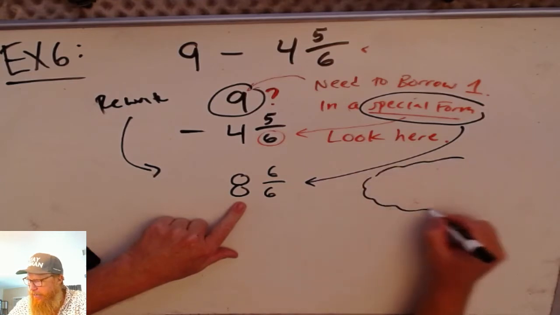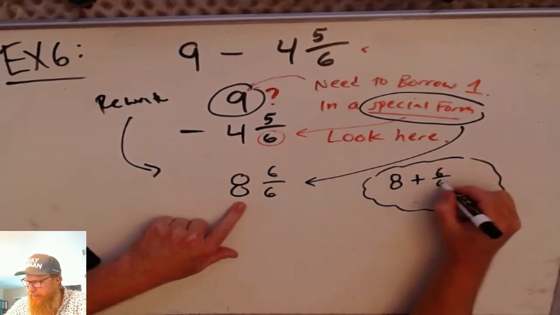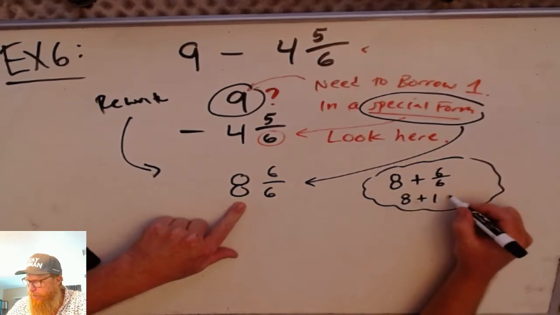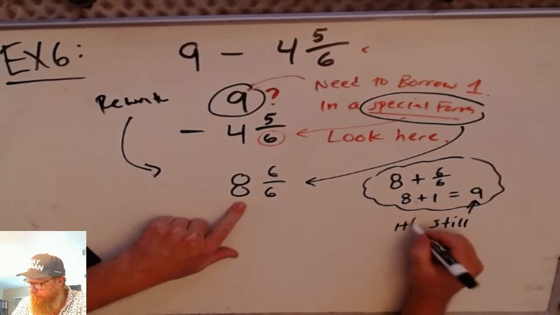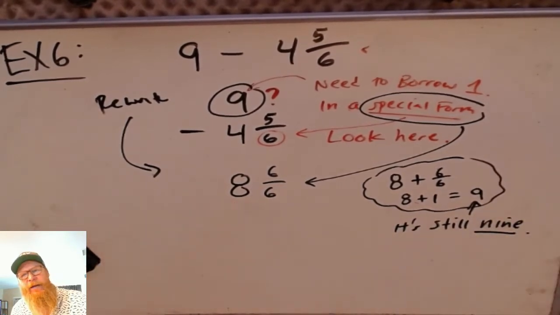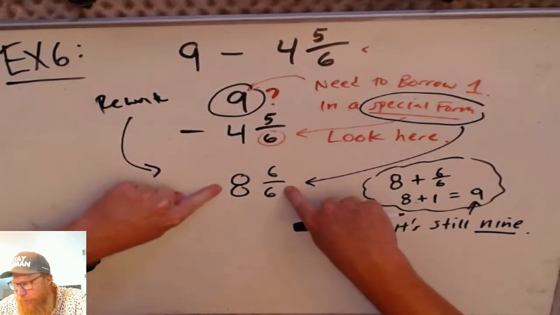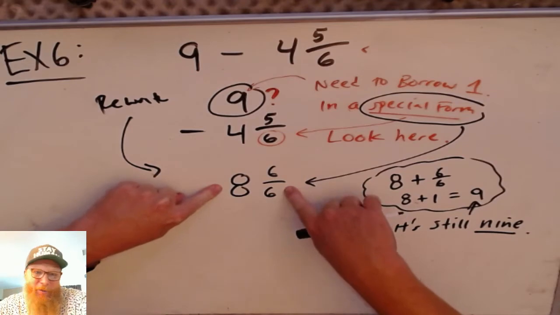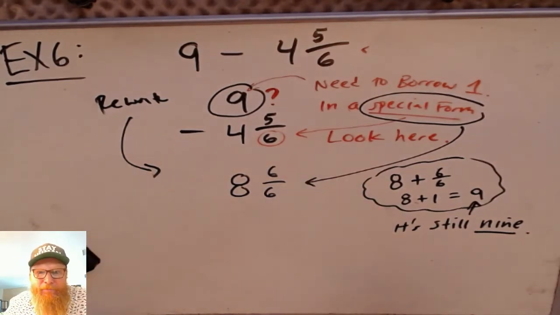In your mind, what this really means is 8 plus 6/6, which is 8 plus 1, which is still 9. So you're not actually changing the 9. You're just rewriting it in a special form. You're writing it as 8 6/6. That still means 9. Yeah?